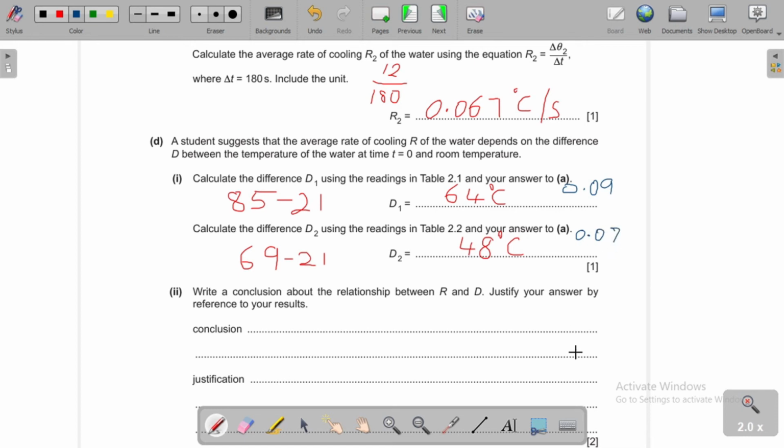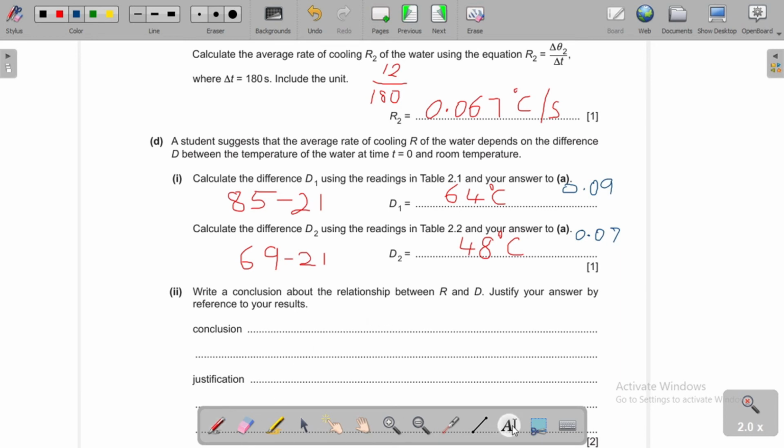What is the relationship now? For a higher value of D1, R1 is 0.09. For a lower value of D2, R2 is 0.07. That means as D decreases, R also decreases, so as D increases, R increases. So they are proportional. So R depends on D.